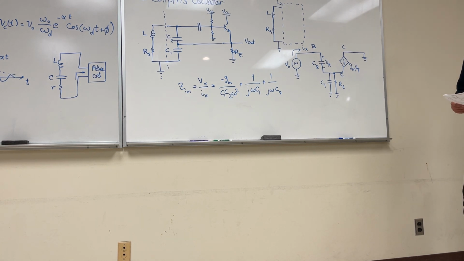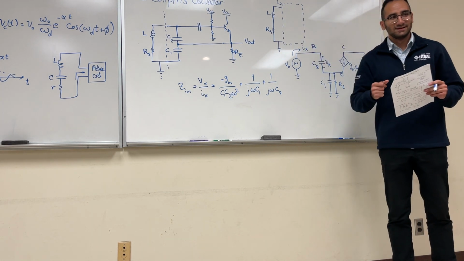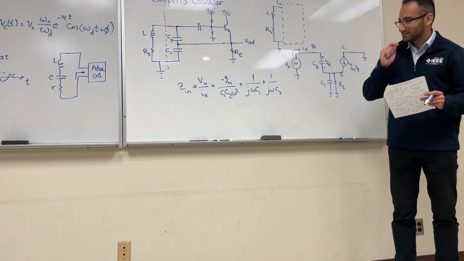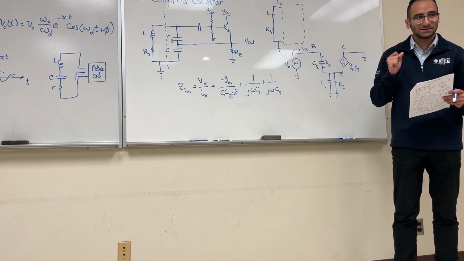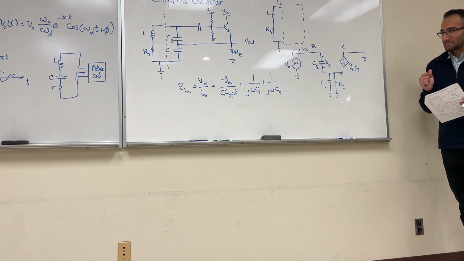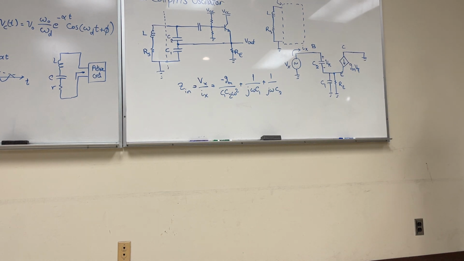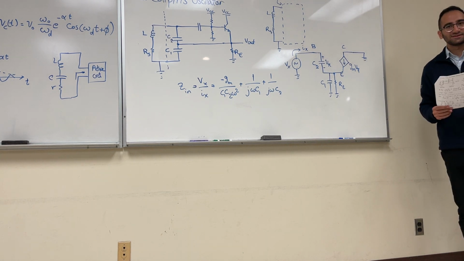This is the impedance looking into here. So what's good about this? Can anyone tell? What is this impedance telling us that is very desirable?